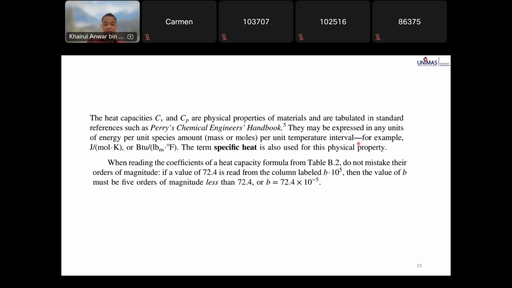So when reading heat capacity formula from Table B2, Table B2 is at the back of the book, Elementary Chemical Processes, page 635.